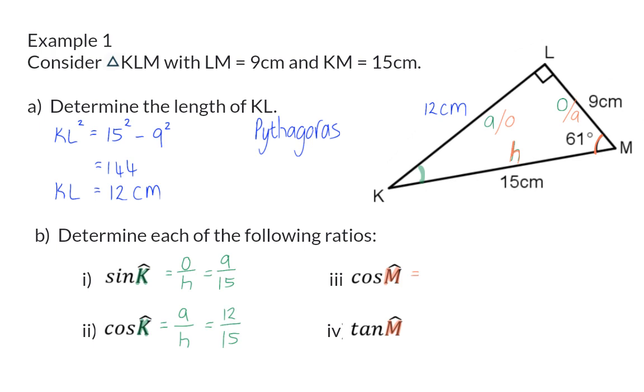Cos is still the adjacent over hypotenuse ratio, and if we look from M, that will be 9 over 15. The tan ratio is formed by the opposite side, which is 12 in this case, over the adjacent of 9.